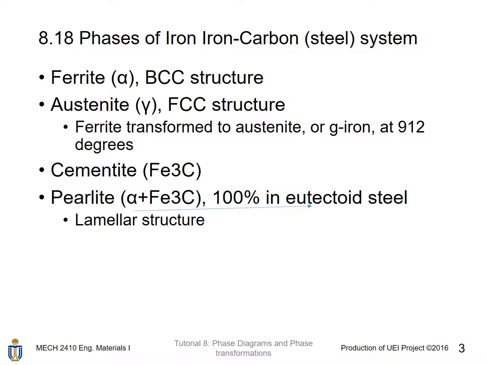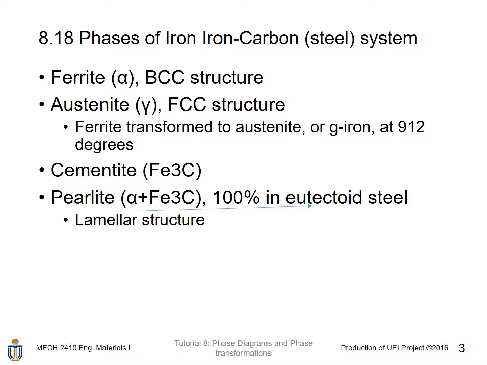Phases of the iron-iron carbon steel system. Ferrite, denoted by alpha, is a BCC structured iron. If you still remember, it is the small strip at the left of the phase diagram. Austenite, denoted by gamma, is the FCC structure.